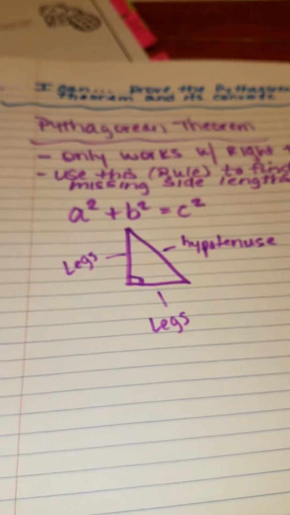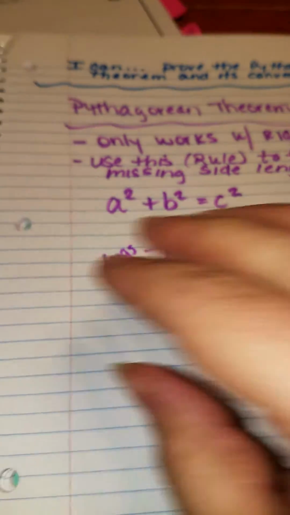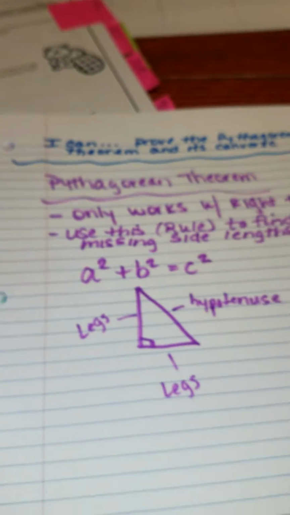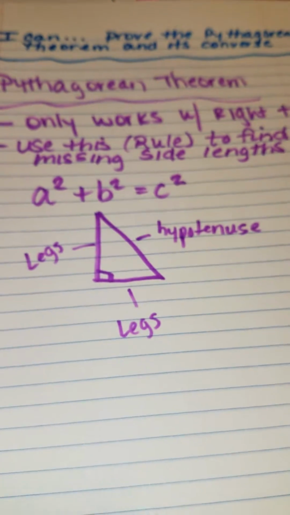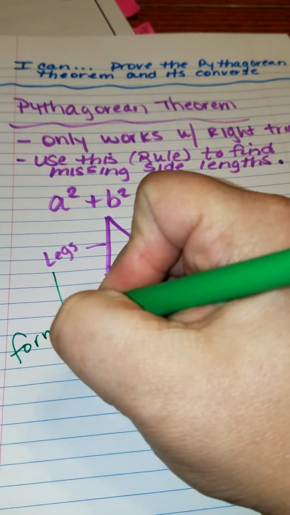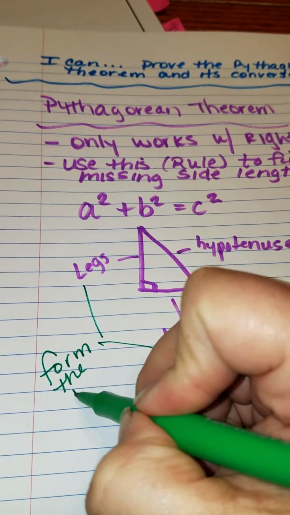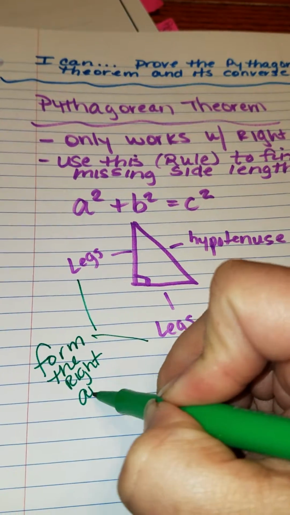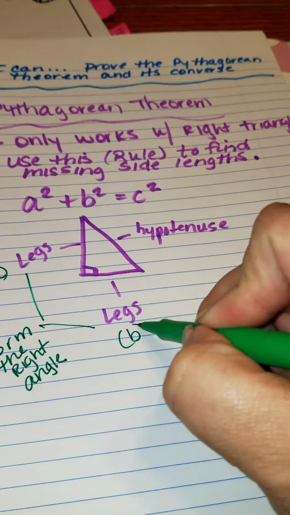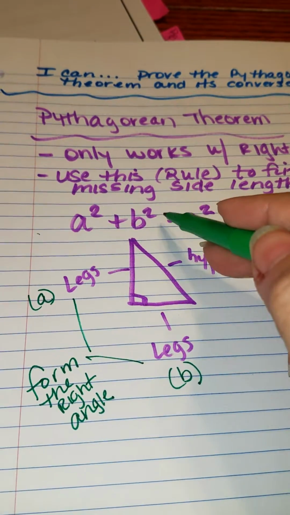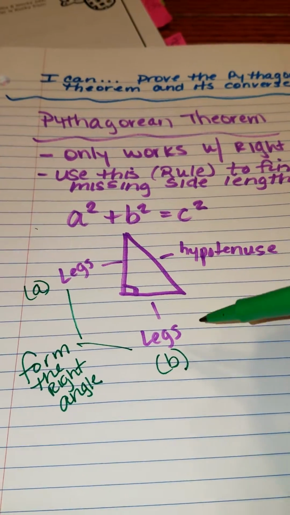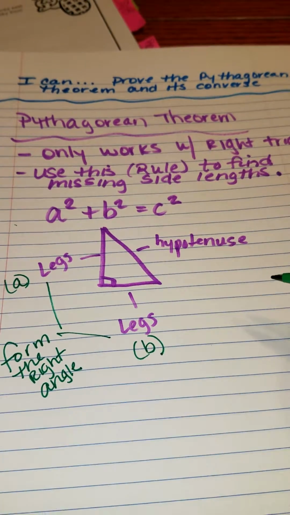So a few things that we need to know about the legs and the hypotenuse. Get a different marker here. This is not as easy as I thought with still having to hold this in one hand. So our two legs, they form the right angle. And we call those either A or B. It doesn't really matter which one is which. I can say this is A and this is B, or this is A and this is B. Doesn't really matter.